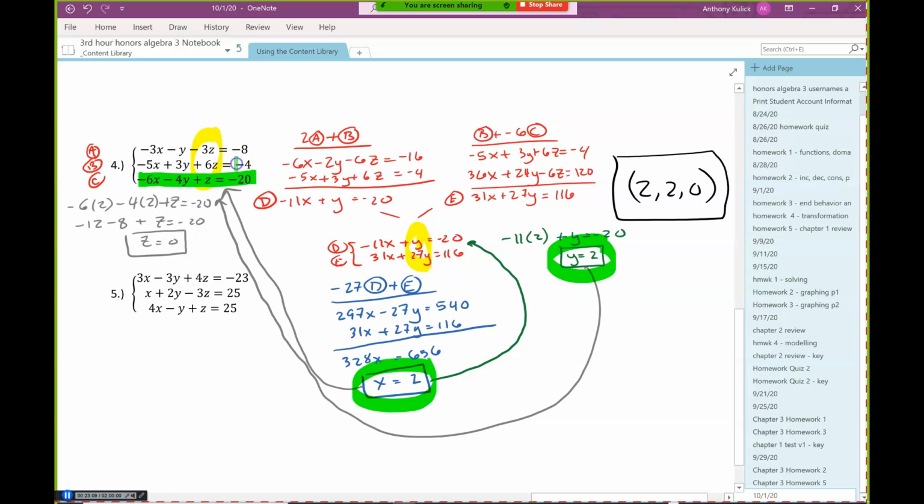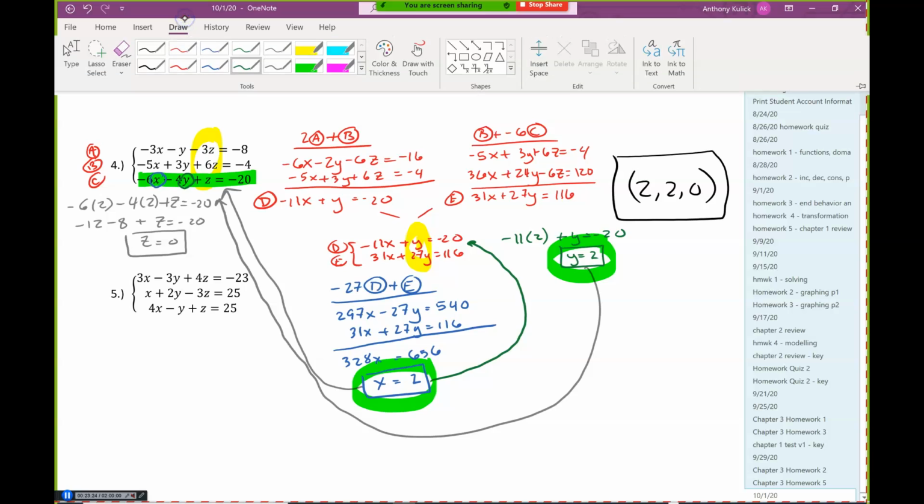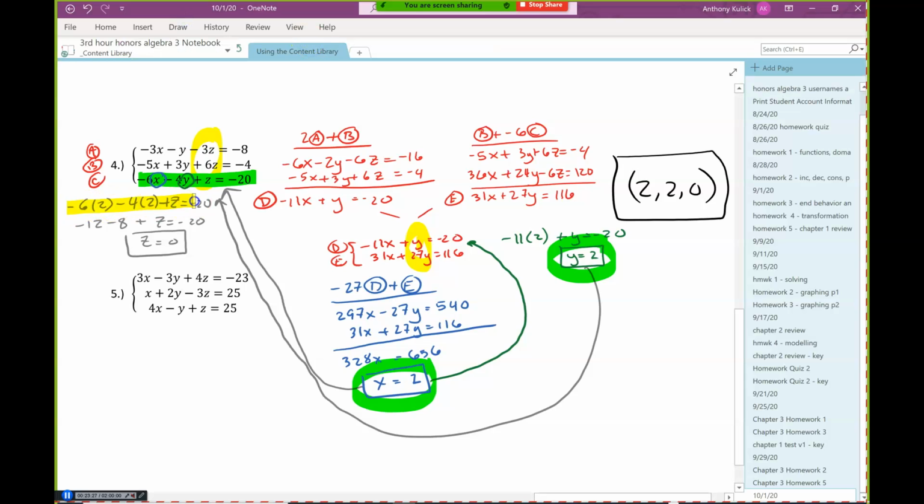I chose equation C. And all I did then was I plugged in the value for X into the X spot and the value for Y into the Y spot. That's what this is right here. And so negative 12 minus 8 is negative 20. When I add that to both sides, I get 0 for Z. Is that what you needed?